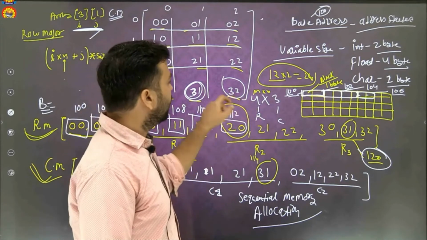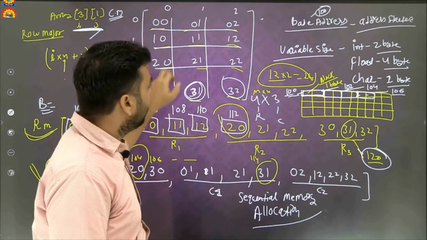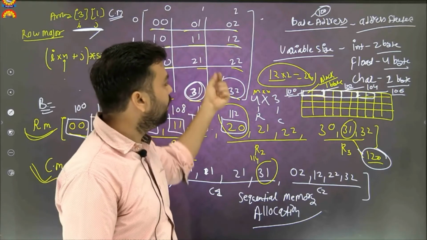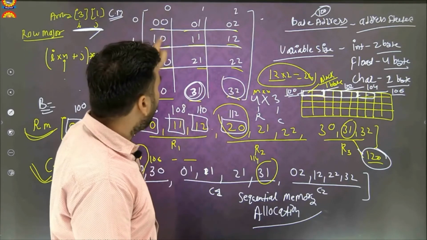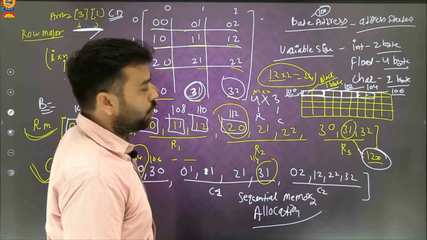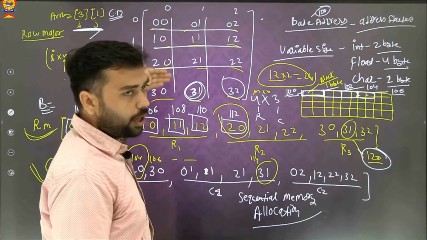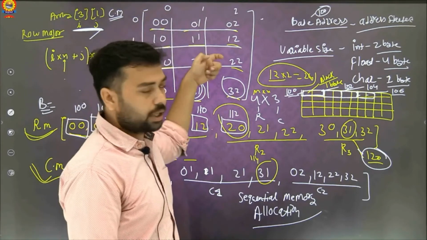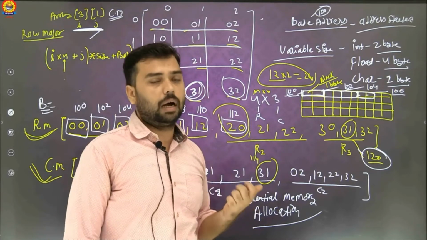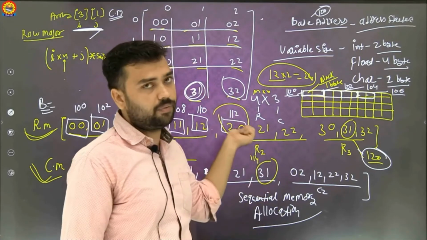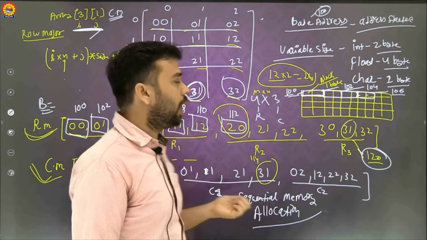Then how do we reach here? We first travel this much element, then this much element, then this 3 element, then this element. So how much is this? It is a number of row. 4 row, then 4 row, 4 and 4, 8, then plus 3, 8 plus 3 is equal to 11, then this element will come.